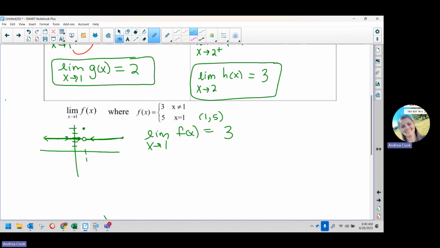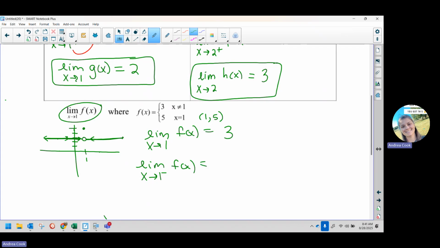A lot of students will make the mistake on this question when it comes up on a test or a quiz. They say, oh, x equals 1, the answer is 5. And it's not 5. You do not do direct substitution. You are finding the limit as x approaches 1 of f of x.